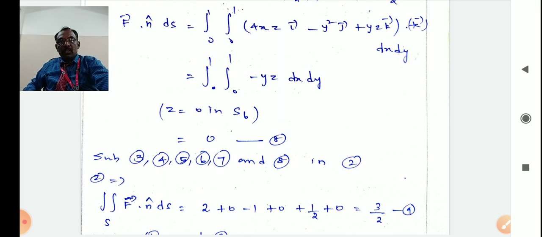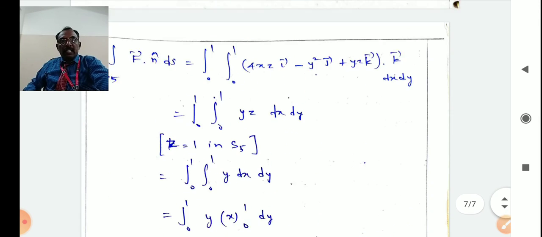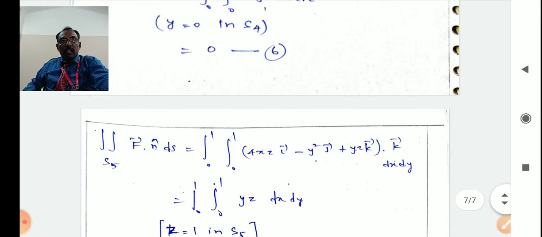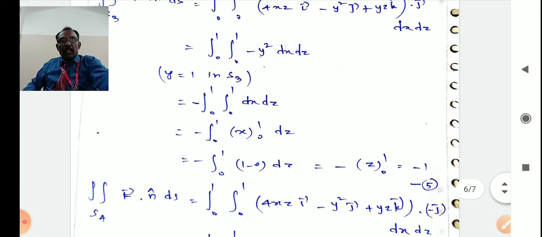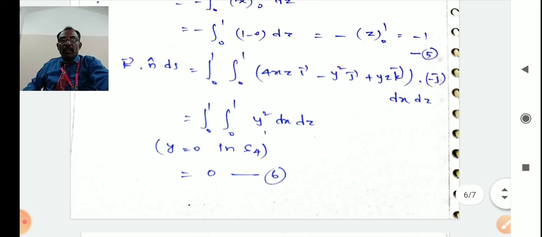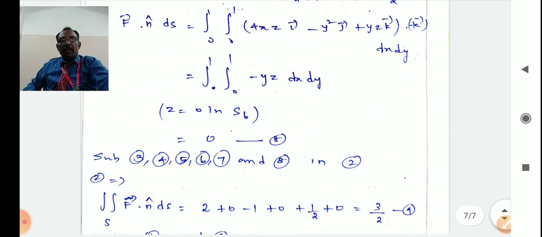Here S6 value is 0, S5 value is 1 by 2, S4 value is 0, S3 value is minus 1, S2 value is 0, S1 value is plus 2. We apply all surface values in equation number 2. Now do the simplification, 2 minus 1 plus 1 by 2 becomes 3 by 2. This is equation number 9.